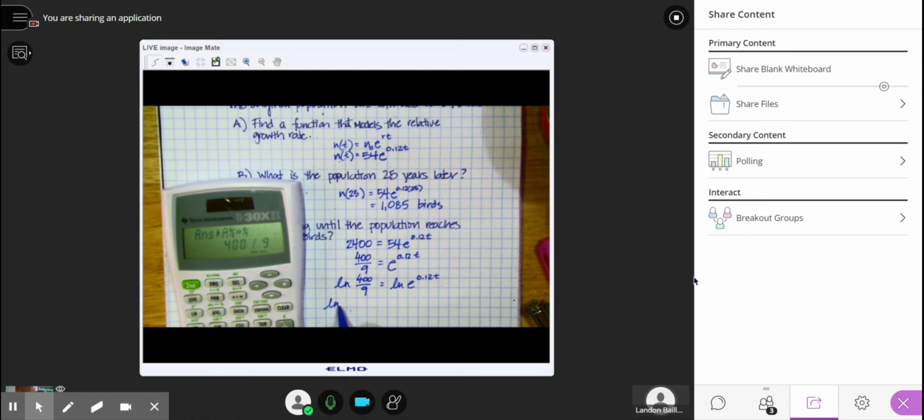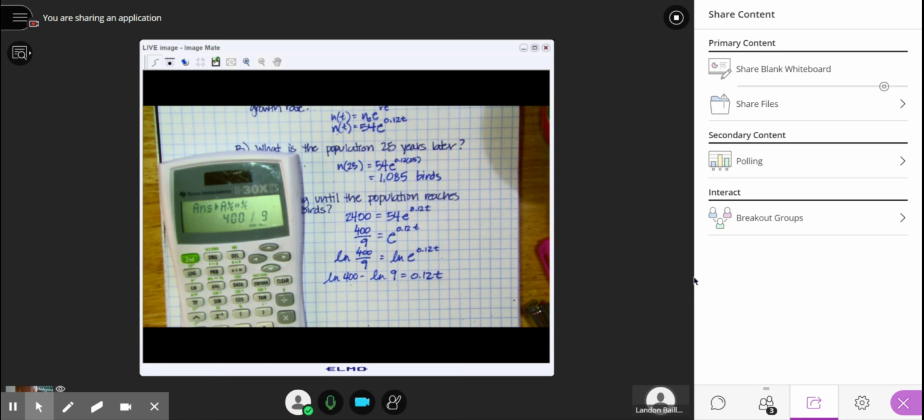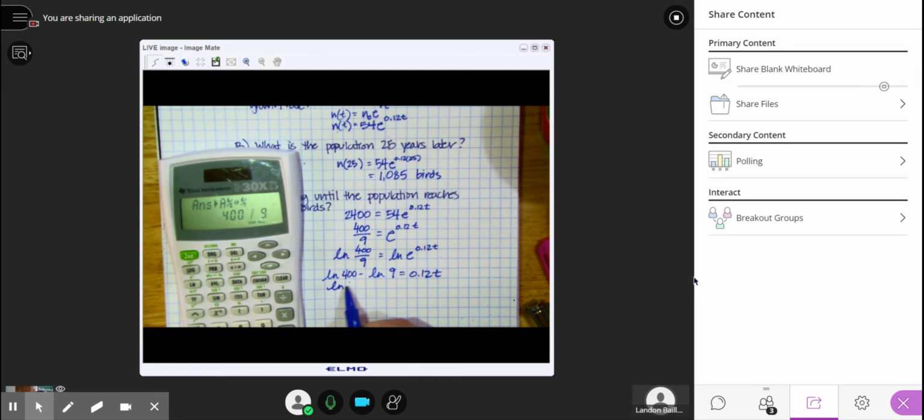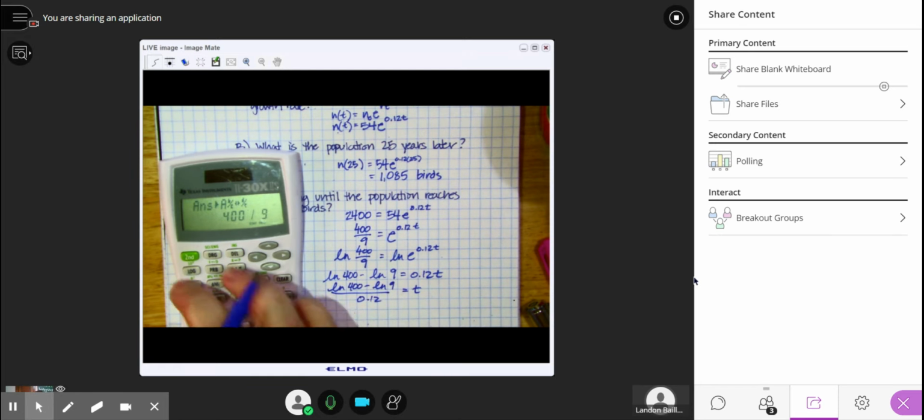So this is going to be using the laws of logs, ln 400 minus ln 9 is 0.12t. So I'm going to have ln 400 minus the ln of 9 over 0.12.